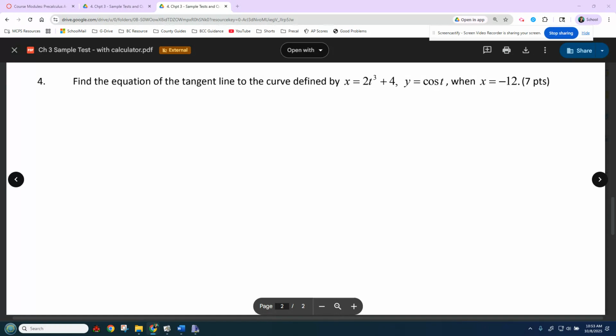Negative sine of -2 is actually sine of +2, but we won't do that. So the tangent line, y minus the y value equals slope times x minus the x value.